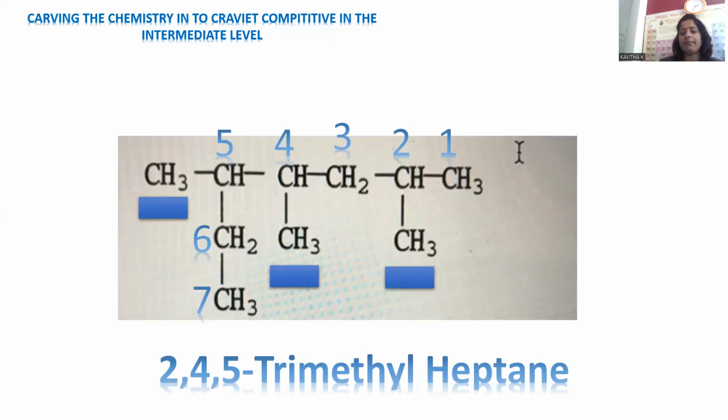Heptane being 7 carbons and all saturated with single bonds only, heptane is the last name for the given compound. This is the way we can answer, and the final name of the compound is 2, 4, 5 trimethyl heptane. This will be the complete name as per IUPAC nomenclature for the given compound.